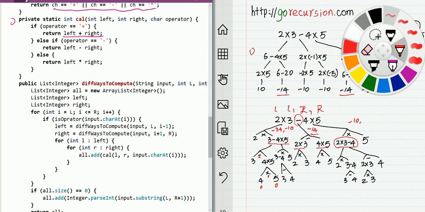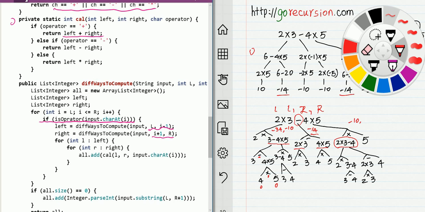So here, each time we meet an operator, we need to divide it into two subproblems. This is our left, this is the right.